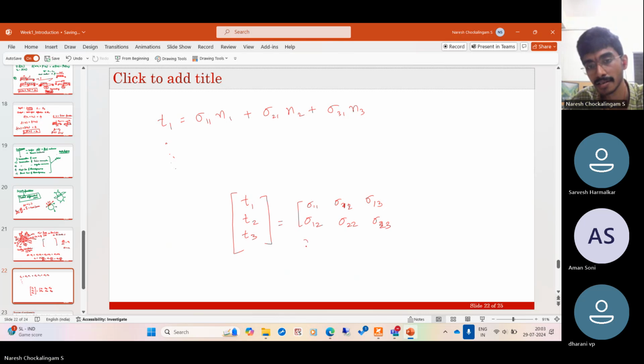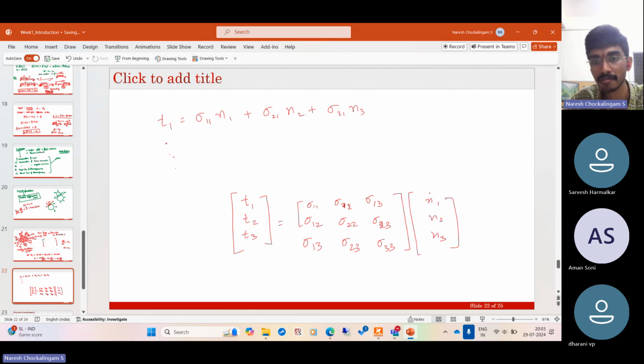You can check this: sigma 11 multiplied by n1 plus sigma 12, which is sigma 21, multiplied by n2 plus sigma 31 multiplied by n3 is equal to T1. So all the three equations I have put in a matrix form. This is the traction vector. This is the stress tensor. This is the normal vector.